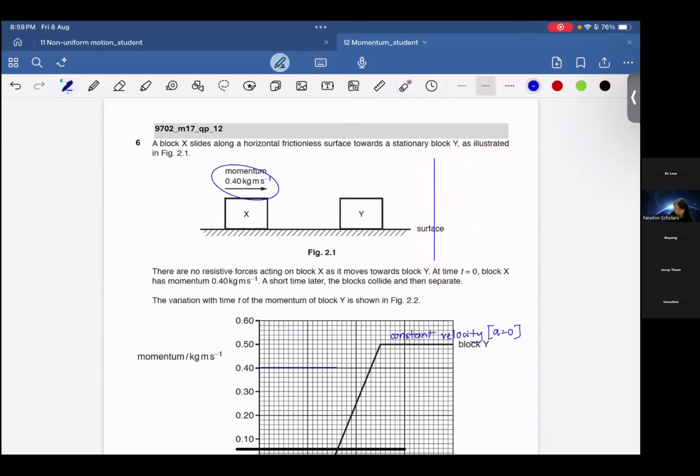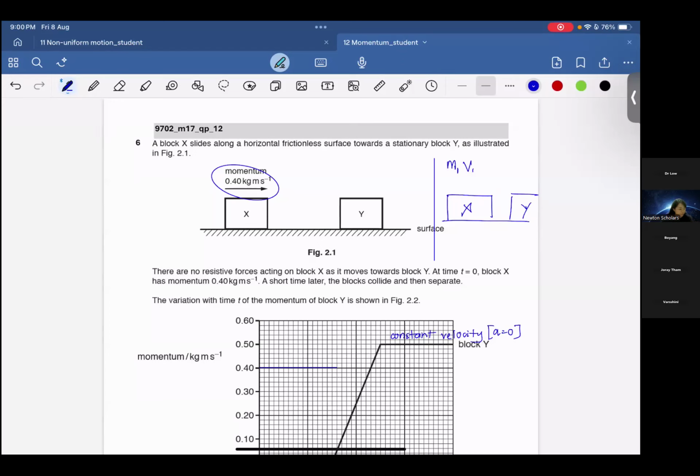So that I can sketch the graph. Okay, so there is block Y, block X. Now I want to know the momentum after collision. Yes, Vito, correct.